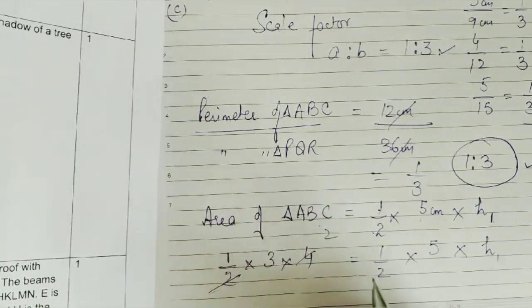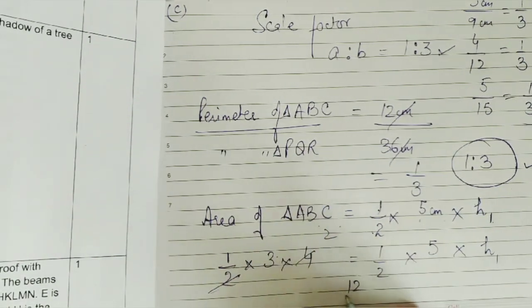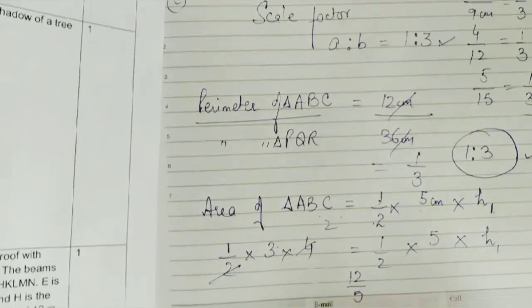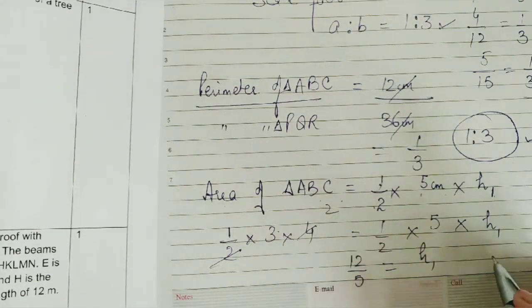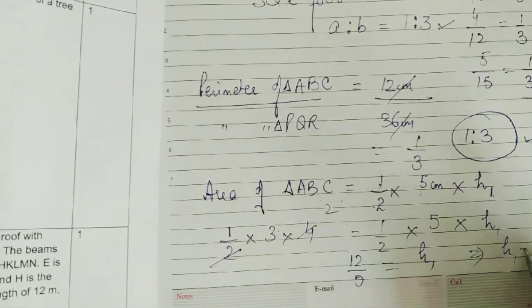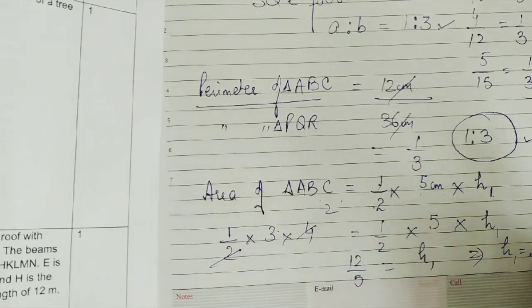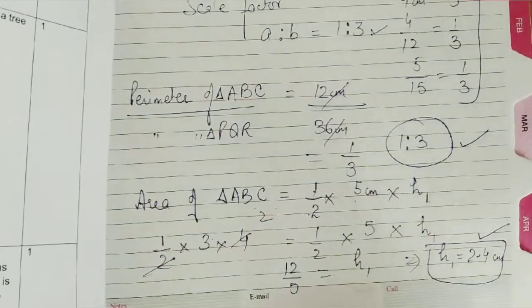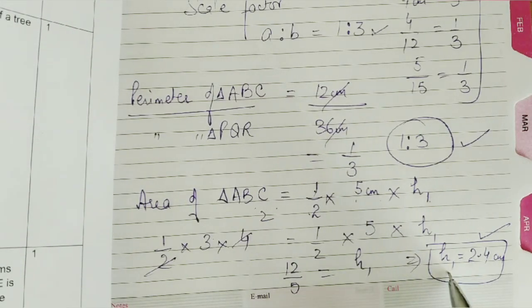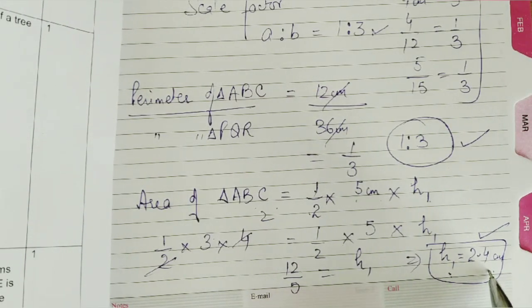Cancel this. This is 6, this is 12 by 5. 12 by 5 equals h1, or h1 is, when you further divide, 2.4 centimeters. So the height or altitude for the first triangle is 2.4 centimeters. I'm sure this is clear.